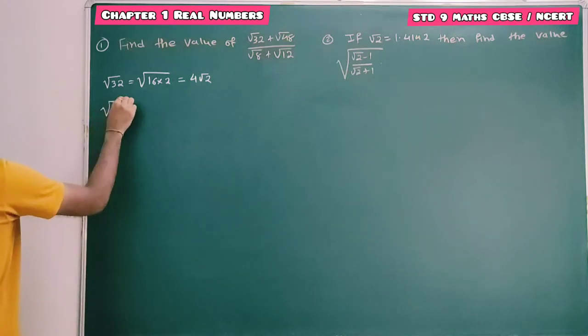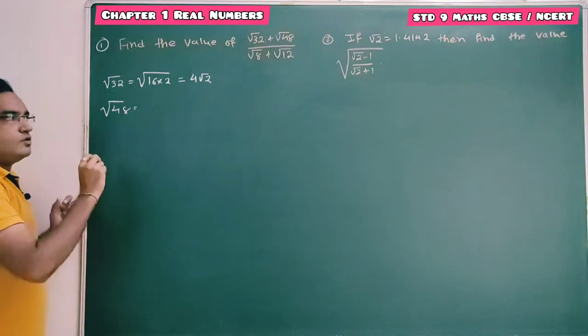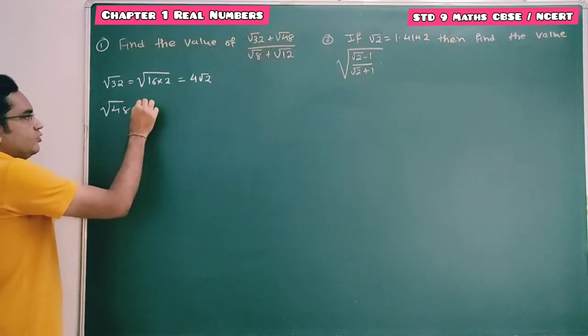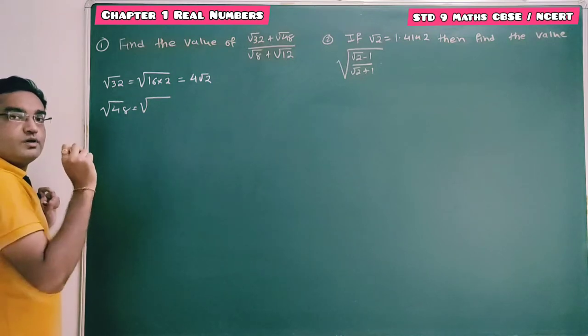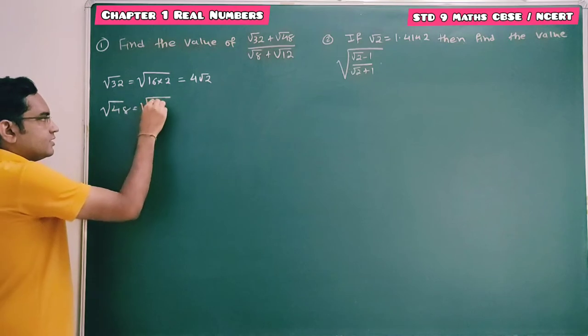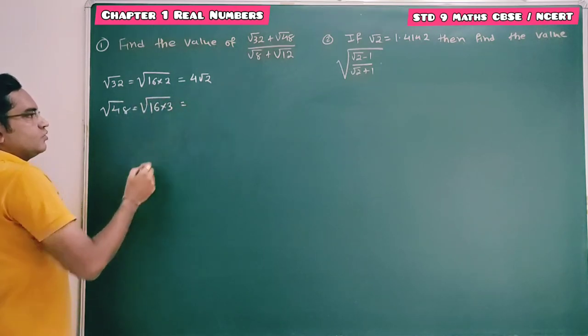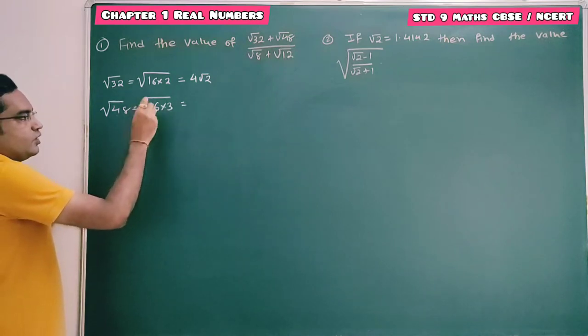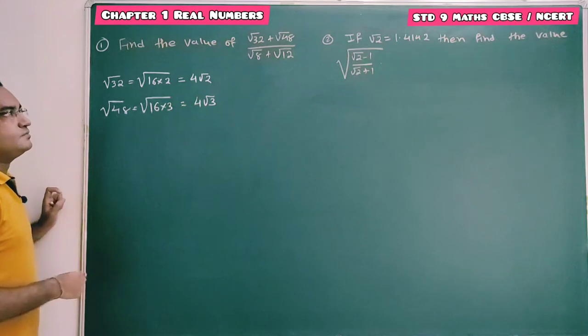Now in the same way 48 is there. So here again we have to write 48 as a factor which consists of one perfect square number. So the factors of 48 are 16 times 3. So here the square root of 16 is 4, so it's 4 root 3.